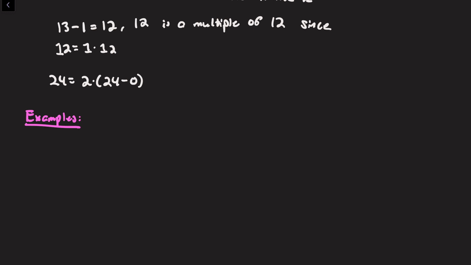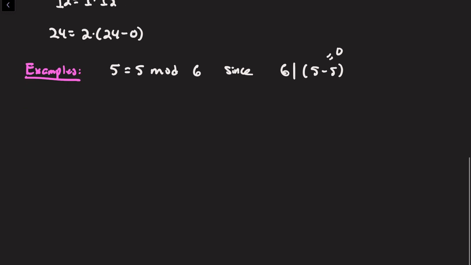All right, let's see. Does 5 equal 5 mod 6? Yeah, since, for example, 6 divides 5 minus 5, which is just 0. Okay, so that's cool. Let's see another example.